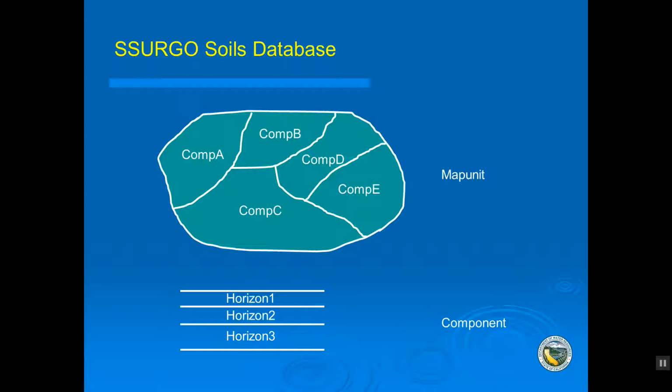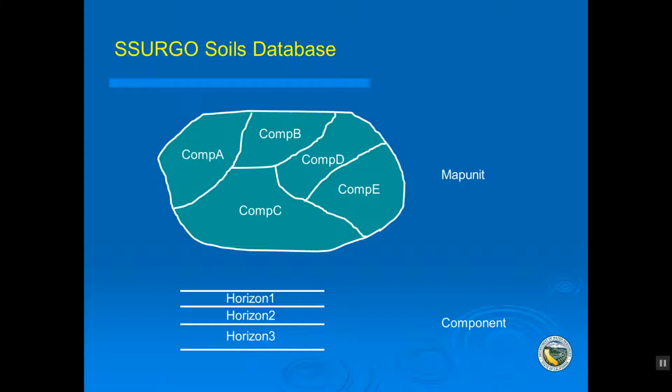The problem with the components is that you know what percentage of a particular map unit is made out of, let's say, component A, but you just don't know where that component is. So spatially, you don't know. You just know that a map unit is made out of 30% of component A, 50% of component B, whatever.